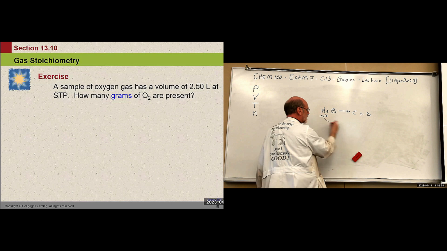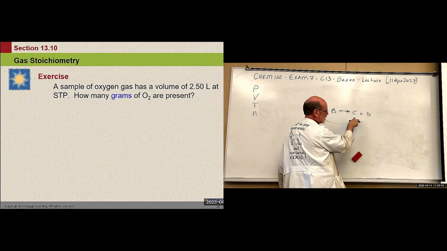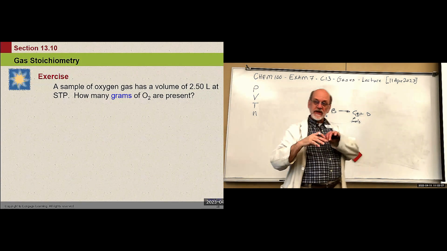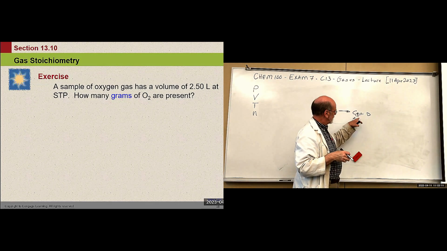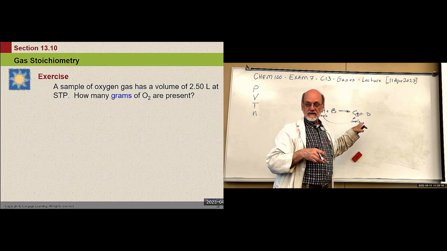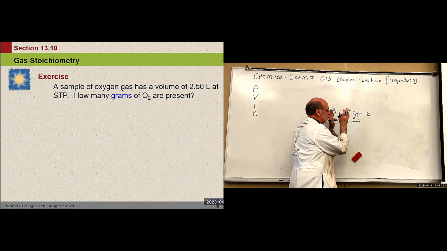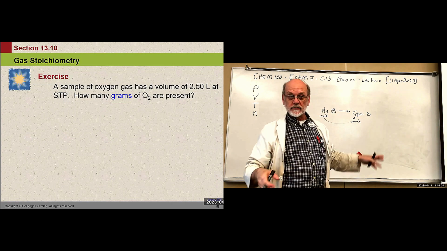Once you have moles, you can go to moles of product. And if the moles of product happens to be a gas, and you know all the other conditions, you can use that to find out the mass of the gas. Or if all you know is the conditions, but you don't know the moles, you can calculate the moles also.